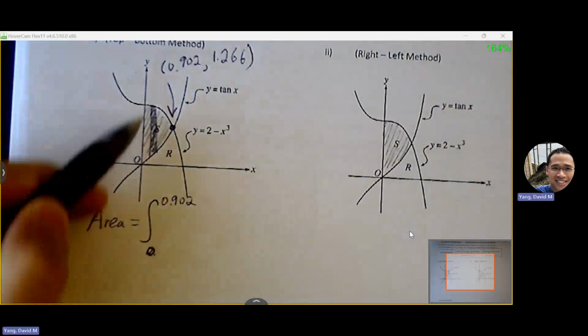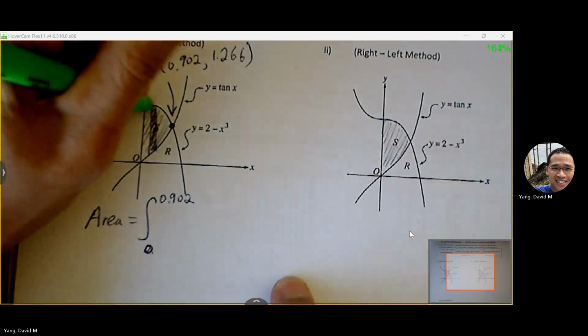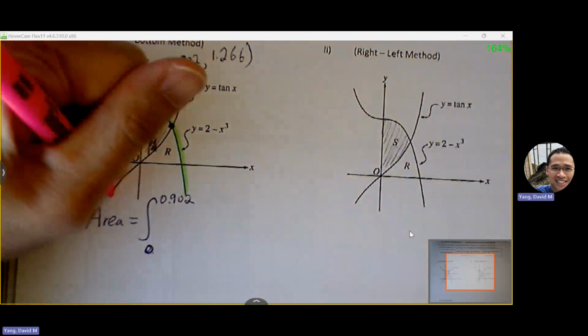Top graph minus bottom graph. I'll use green for top and then red for bottom.